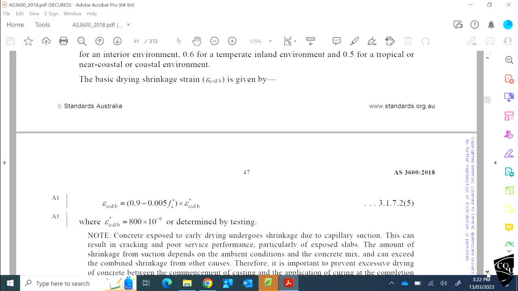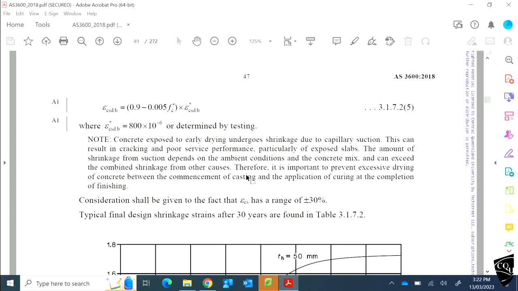And the basic shrinkage strain is given by this value, and that value is 800 micro strain. 800, this is 10 to the minus 6, it's a micro, so you should be able to get the basic shrinkage strain. So K1, K4 times this one.